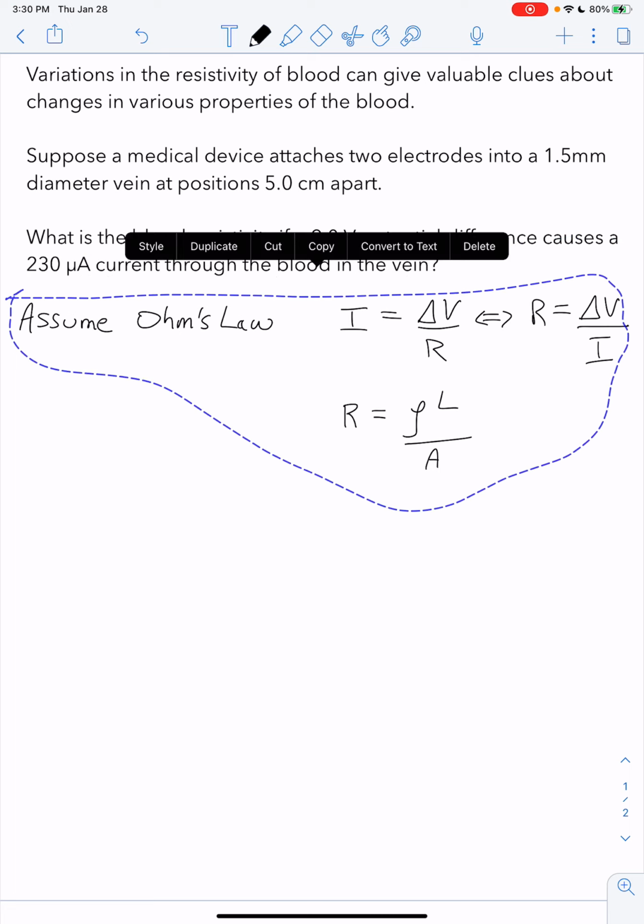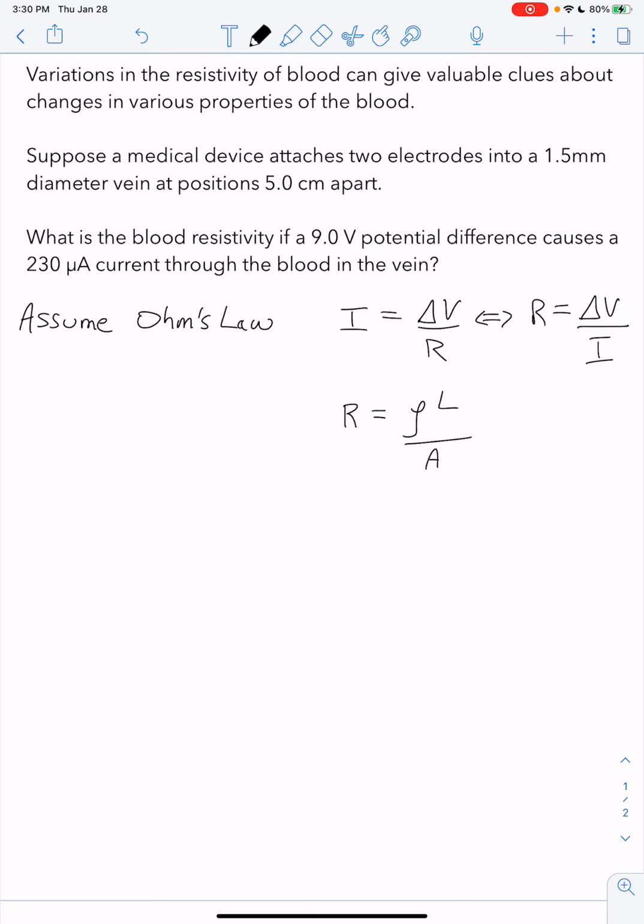Okay, so I had written this down, and so we also know that the resistance is broken down into the resistivity of the material times the length of the material divided by the area. Okay, so with these tools, we can start to analyze the question.